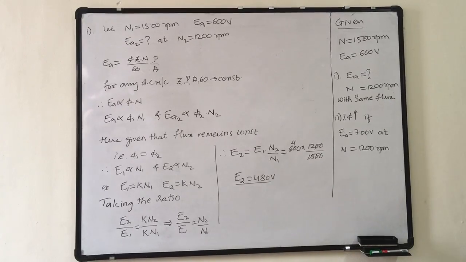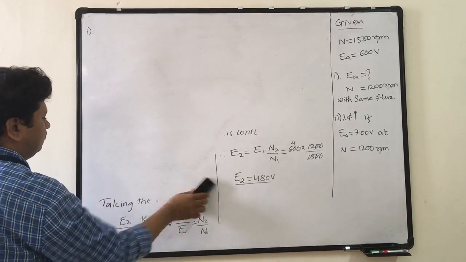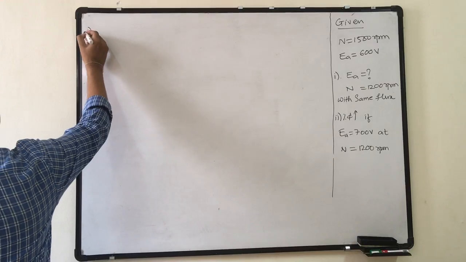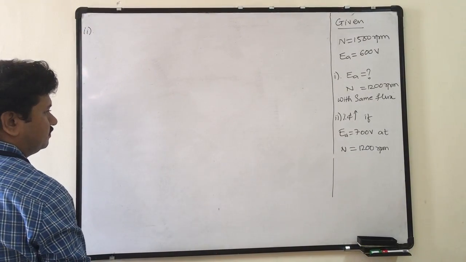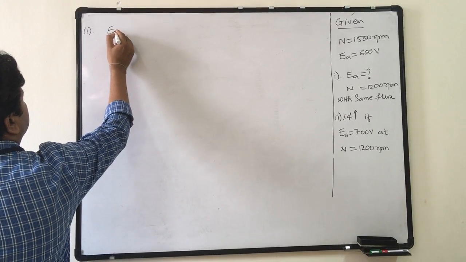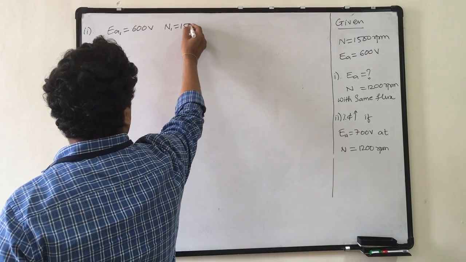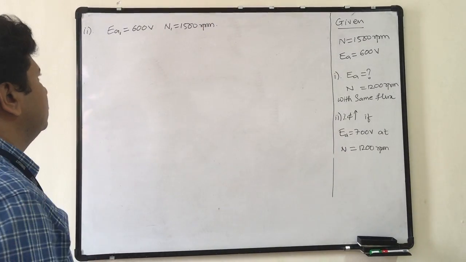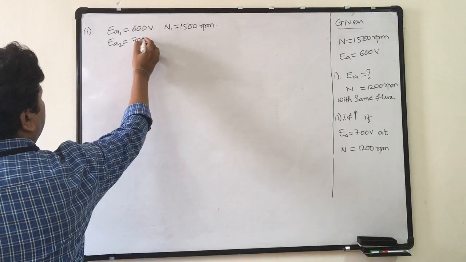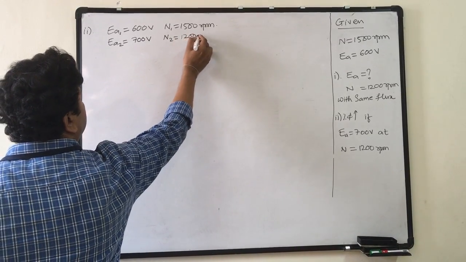So in the second case, EA1 is 600 volts, N1 is 1500 RPM, EA2 is 700 volts and N2 is 1200 RPM.